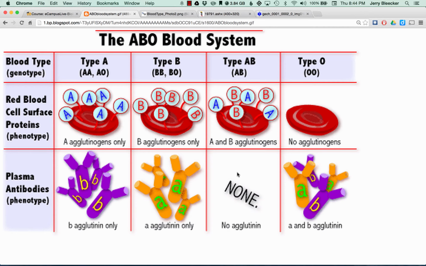You don't freak out about blood types. So if somebody were type AB, they could take my blood. If somebody were type AB and they needed blood from a friend of mine who's type B, it's all good. They could get a transfusion from that person. If they need blood and I've got another buddy who's type O, well, AB does not freak out about type O blood. Here's a way to think about it.